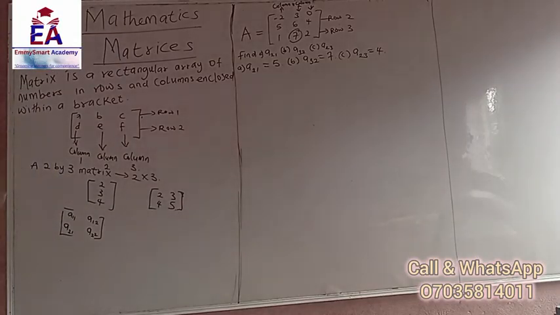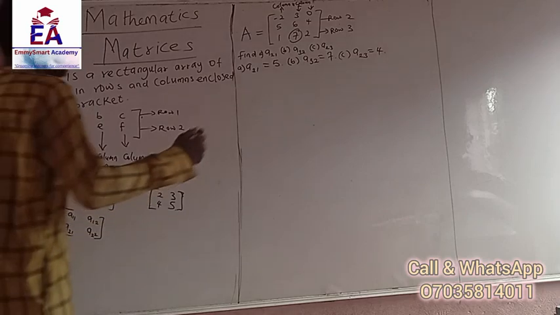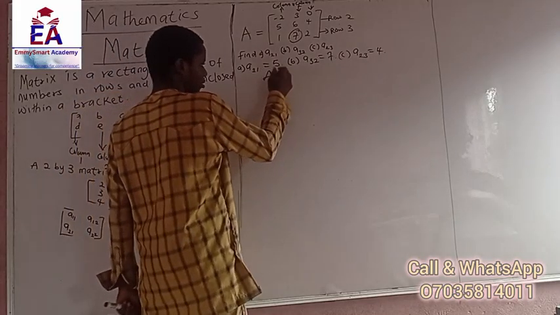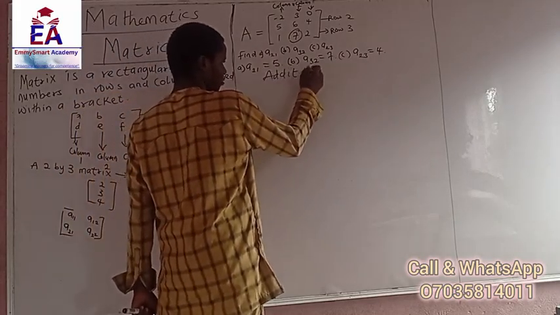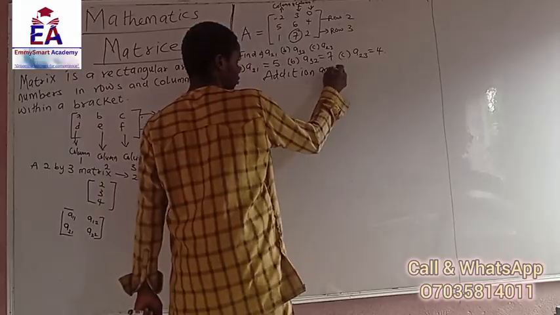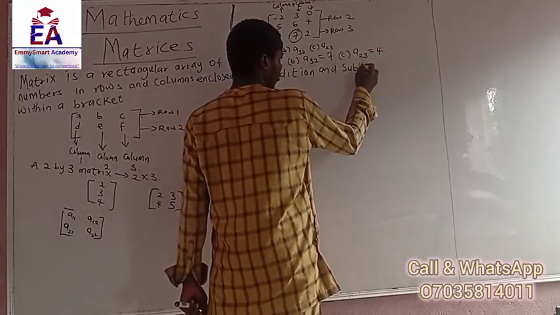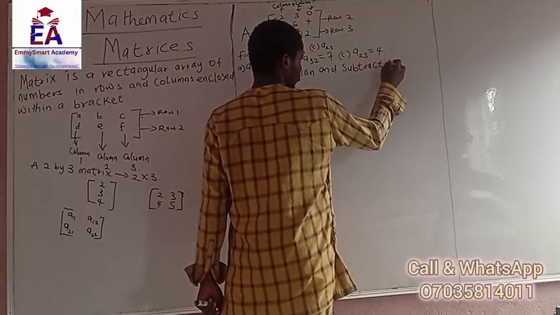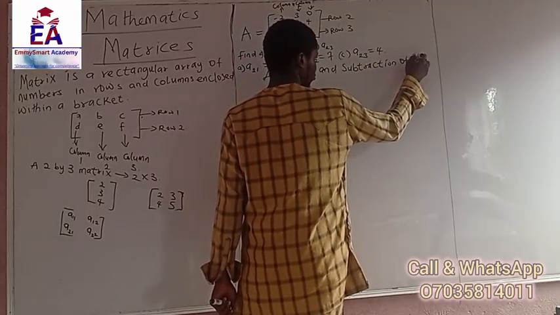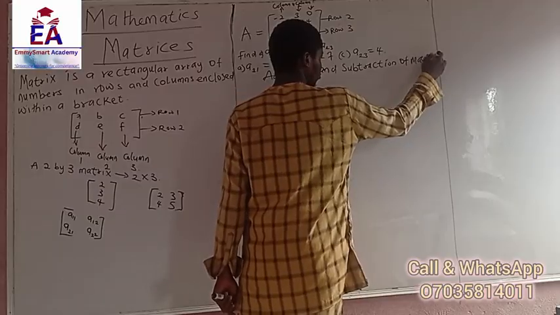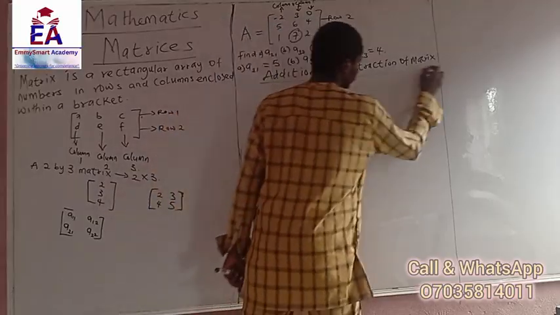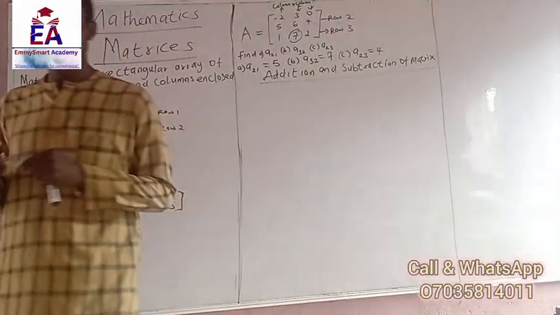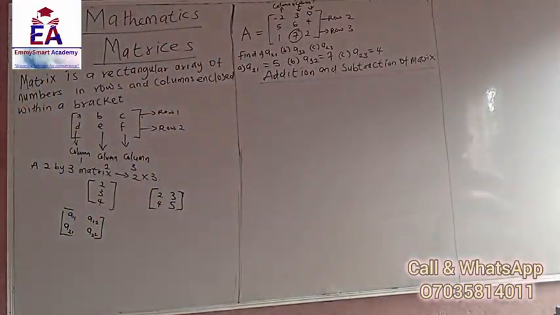Let's look at the main thing, addition. Addition of matrices. That's very important for us. Addition and subtraction. Let's do both together. Addition and subtraction of matrices is very easy, right?